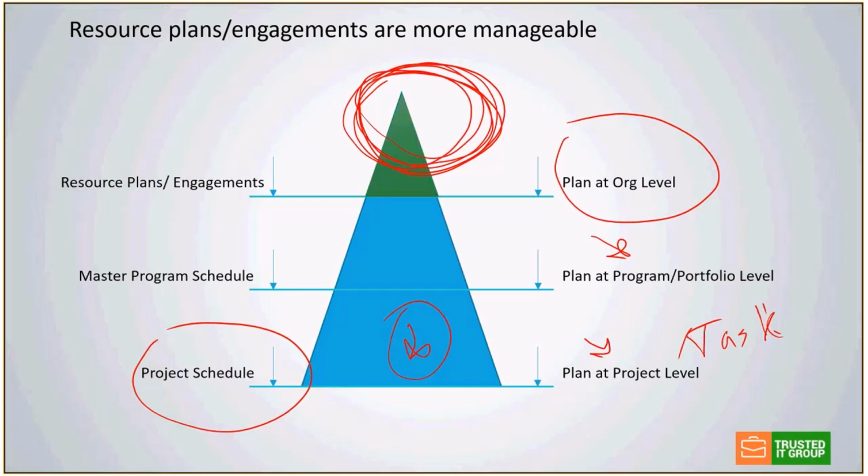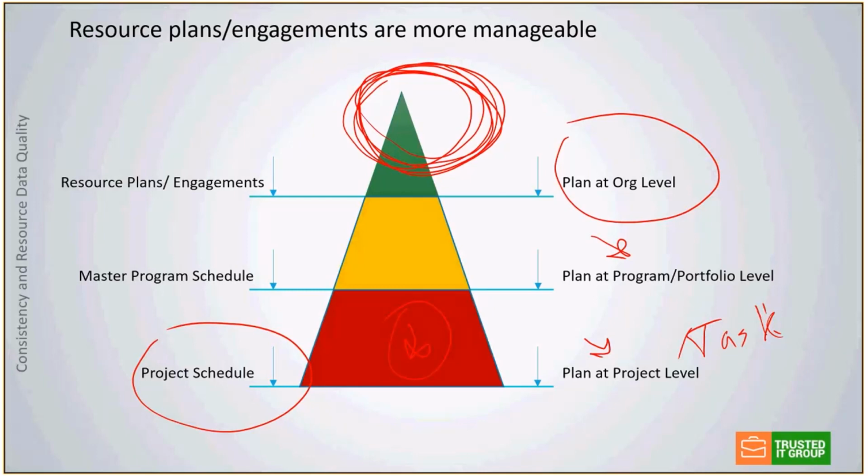So what I'm trying to say here is this. Having these beautiful colors here describing that yellow is better, the red is not so good, and overall, this line here, you see this axis here? Consistency and resource data quality.